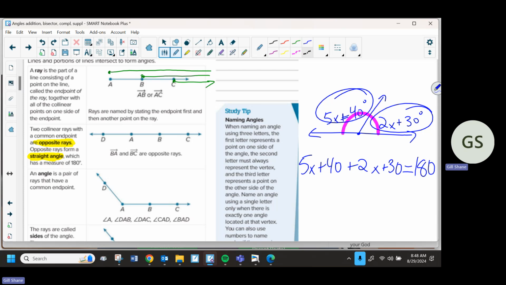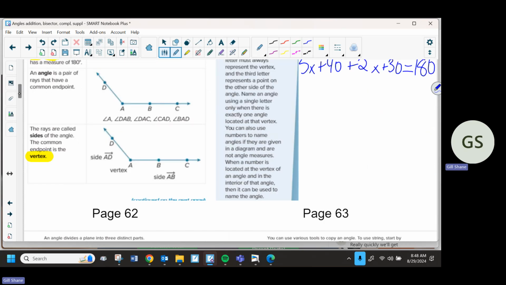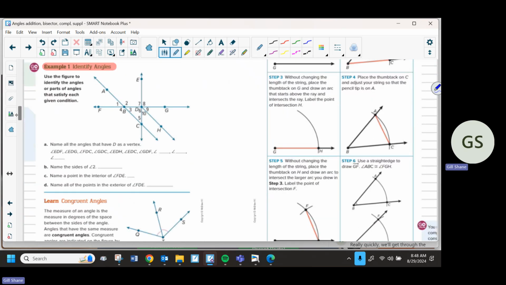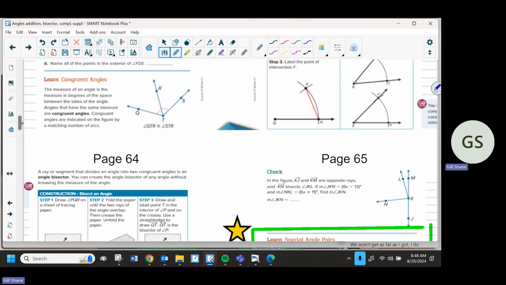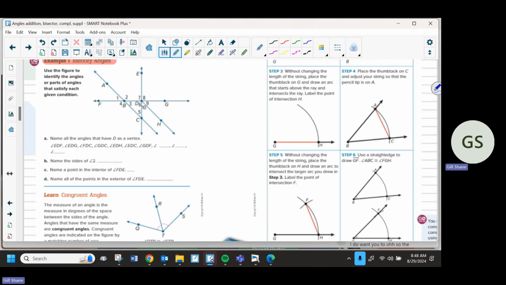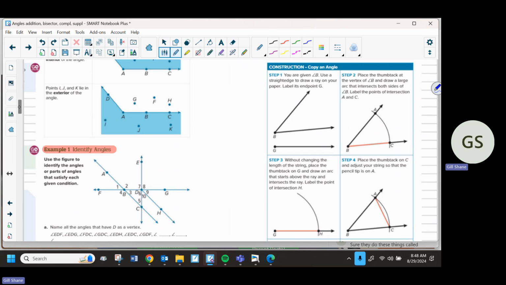All right, really quickly, we'll get through the last thing and then you'll have a problem to do. I don't know why this is a big deal, but it is on every district test. They do these things called constructions in the book.